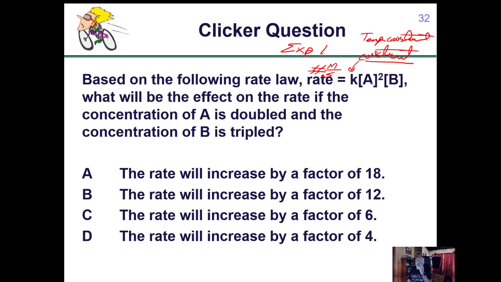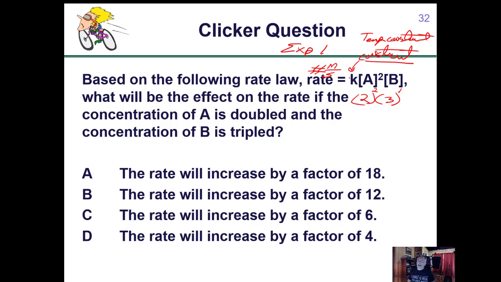So we've got a rate for the reaction, and that rate was based on a particular concentration of A and a particular concentration of B. It doesn't matter what they are at this point. What does matter is what we're going to do to these two reactants. In this case, we're going to double the concentration of reactant A, and we're going to triple the concentration of reactant B. Now remember, A is second order, B is first order.